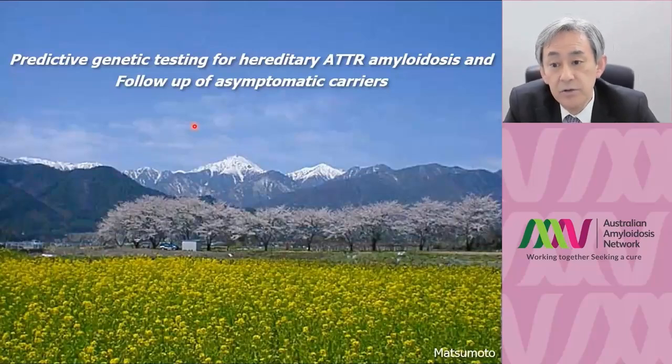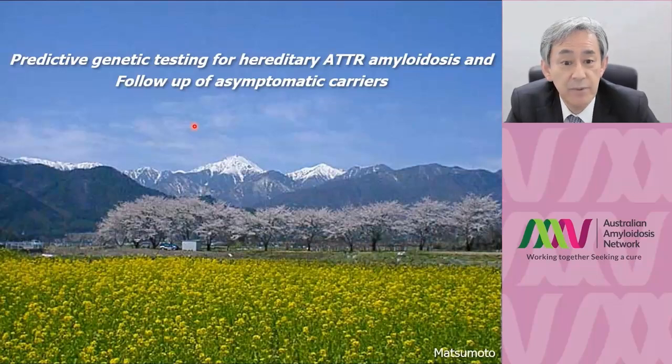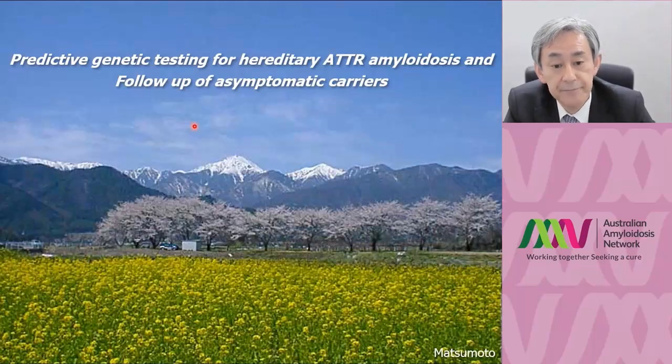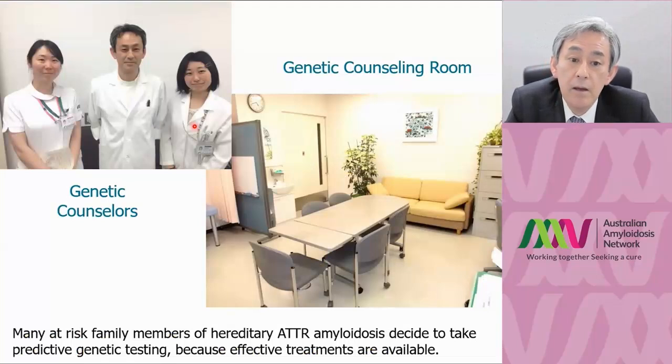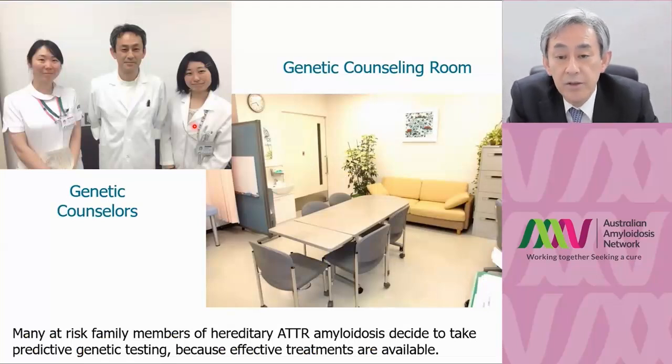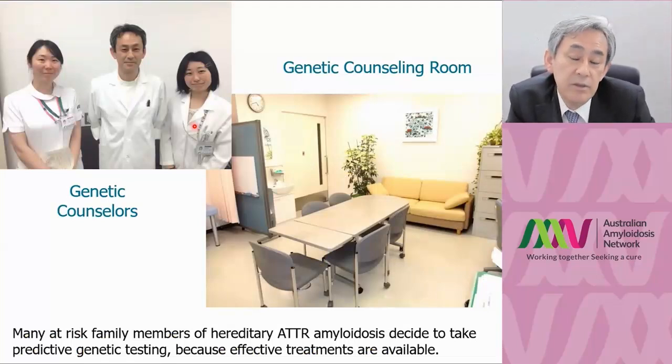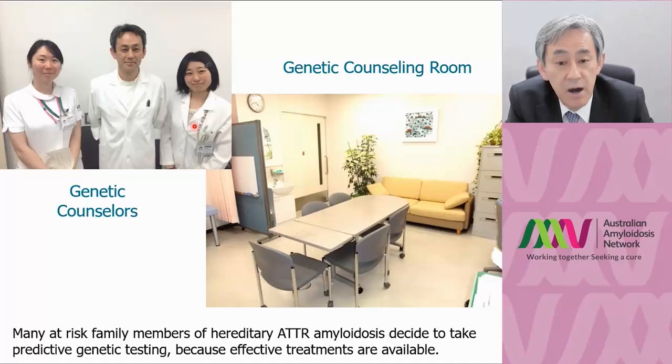Finally, I'd like to introduce predictive genetic testing for hereditary ATTR amyloidosis and follow-up of asymptomatic mutation carriers. I used to belong to the genetic counseling department and was in charge of genetic counseling of neurological diseases.